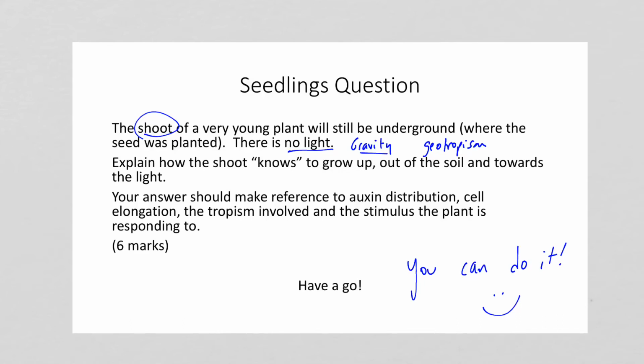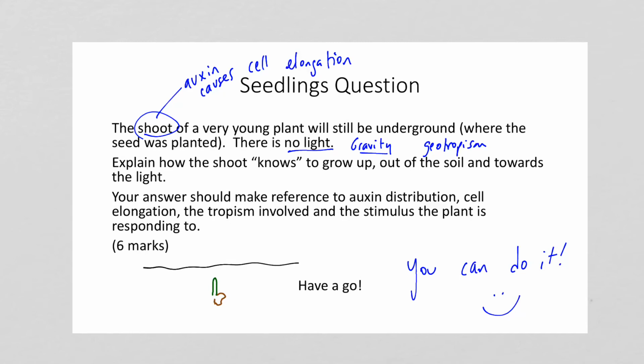How does the shoot know to grow up out of the soil? Well, we know that in the shoot, auxin causes cell elongation. And we know that because of gravity, if we have our little, here's the ground. Here's my little plant. There's the shoot. There's what's left of the seed.